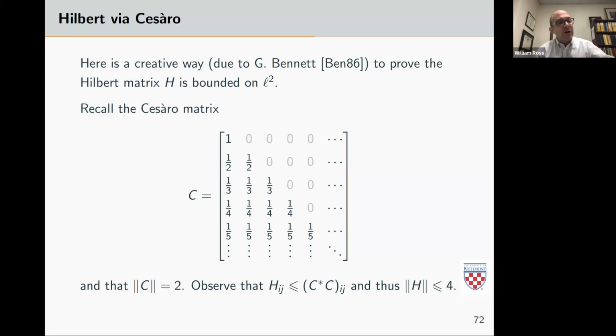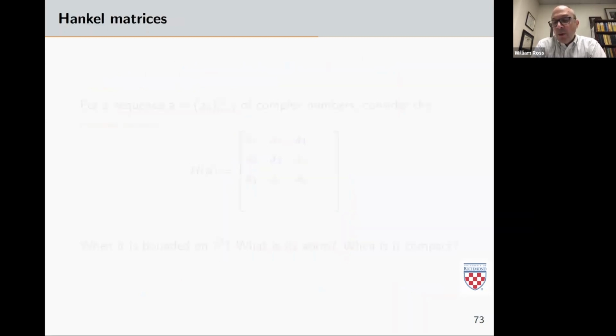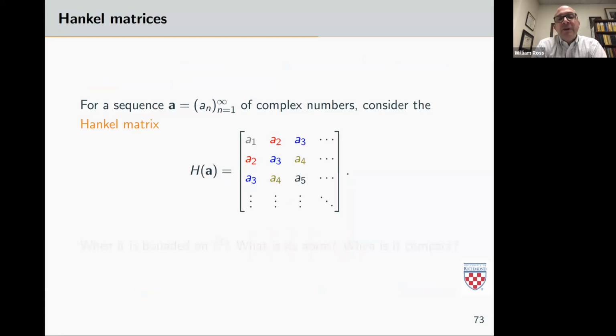Therefore, you can fashion a proof that the norm of the Hilbert matrix is at most 4. I know the norm is exactly pi. I know this doesn't give you anything new, but it's just an interesting way you can associate the Hilbert matrix with the Cesaro operator.